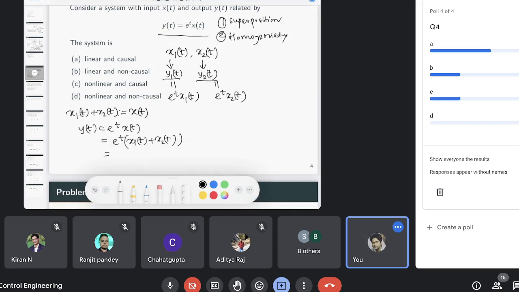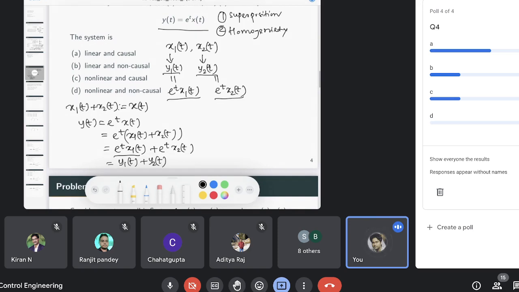You can write this as e to the power t x1(t) plus e to the power t x2(t), and you can see that the first term is y1(t) and the second term is y2(t). So if the input is x1 plus x2, the output is the summation of the individual outputs for x1 and x2. So the superposition property is satisfied, right?